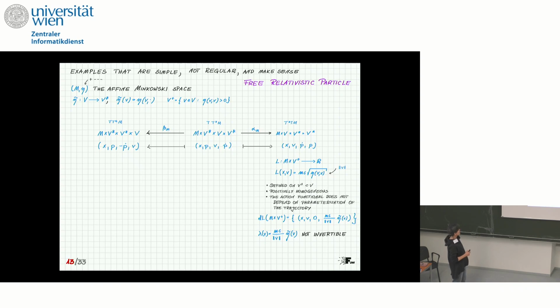Okay, so my first example will be an example of a free relativistic particle of mass m. And to make things very simple, I will work in the affine Minkowski space. This way, I just forget all the differential intricacies, in a sense. I can separate my velocities from my positions and my momenta from my positions.